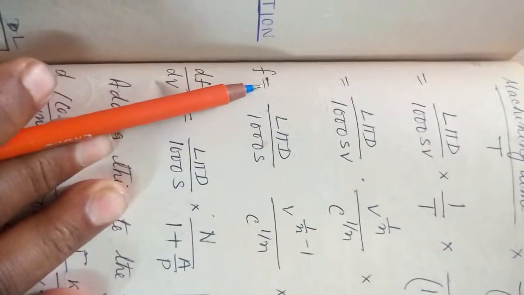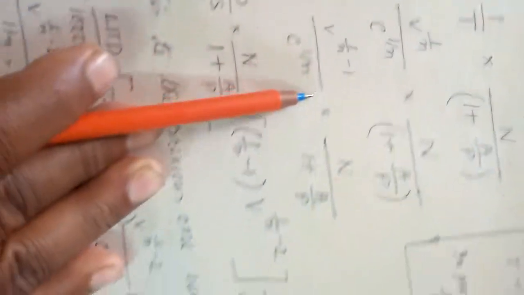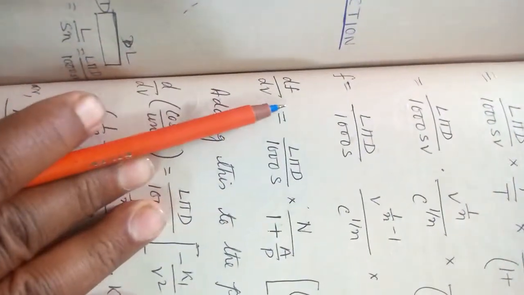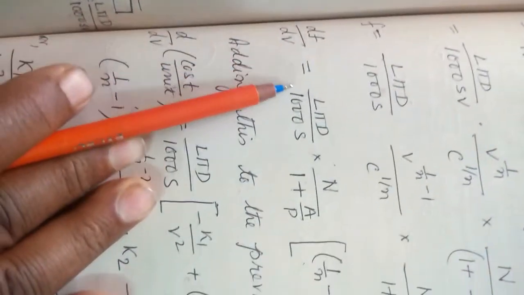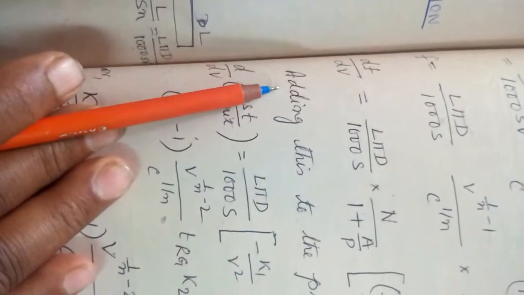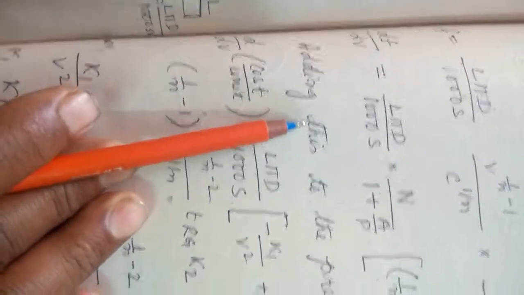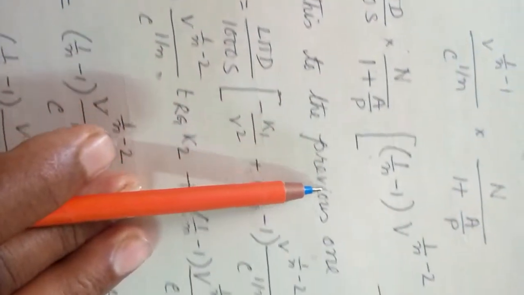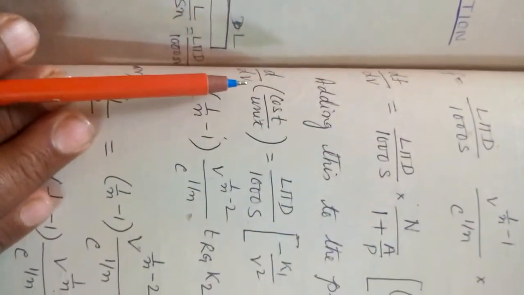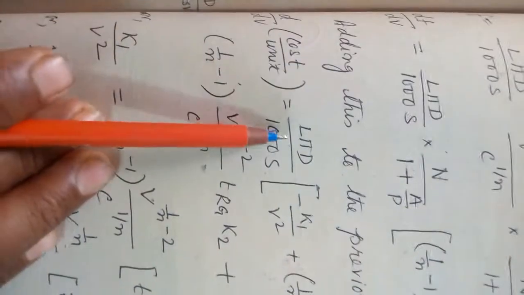Now let us take F is equal to this one, because we have to differentiate, dF by dV. So adding this to the previous one, we get the total d by dV of cost per unit.